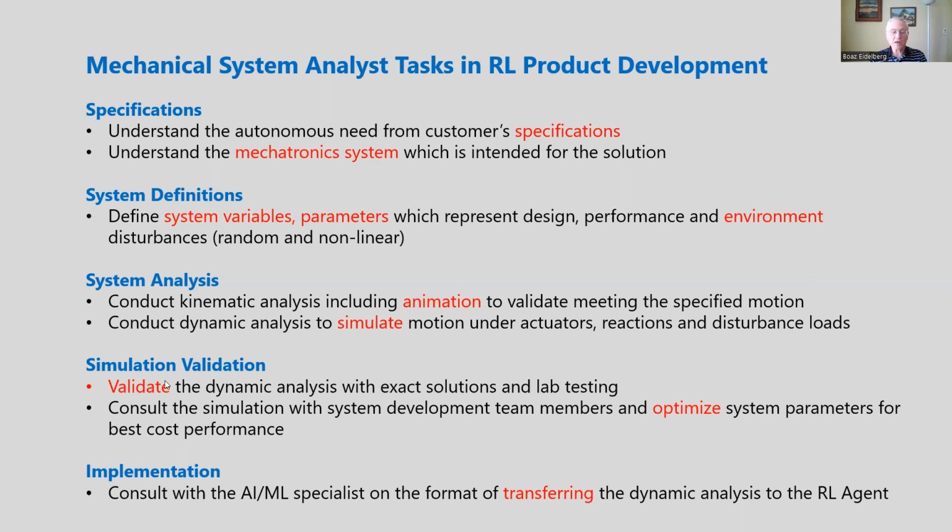The validation includes the dynamic analysis with exact solutions, mathematical solution, or lab testing, and also consulting with the system development team to make sure that the results make sense, and if not, to optimize the parameters such that each team member feels that it meets their needs, and the marketing folks feel that it solves the specification of the product.